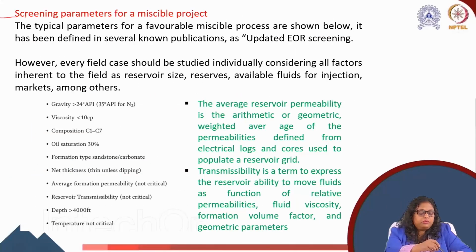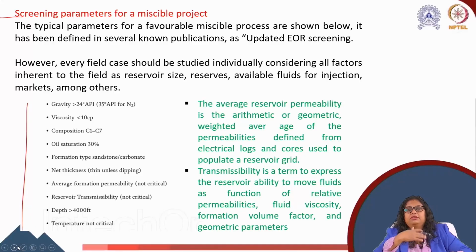Then we should see the screening parameters for a miscible project. The typical parameters for a favorable miscible process, which I have put down, have been defined in several publications. However, every field case should be studied individually, considering all the factors inherent to that field, such as reservoir size, reserves, and available fluids for injection, among others.